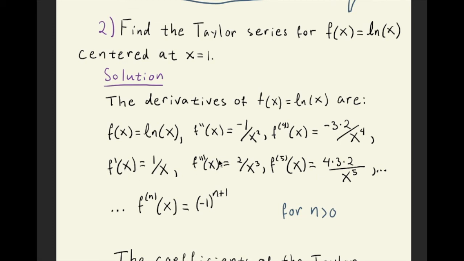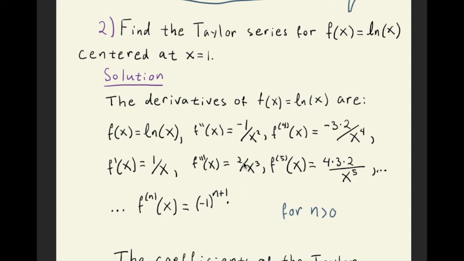So 1, 3, 5, because then n plus 1 is going to be an even number, and negative 1 to an even number is positive 1. And it's going to be negative when n is even, because then n plus 1 is odd, and negative 1 to an odd number is negative 1. So this takes care of the way that the sign is changing. It's positive on the first derivative, negative on the second, positive on the third, negative on the fourth.